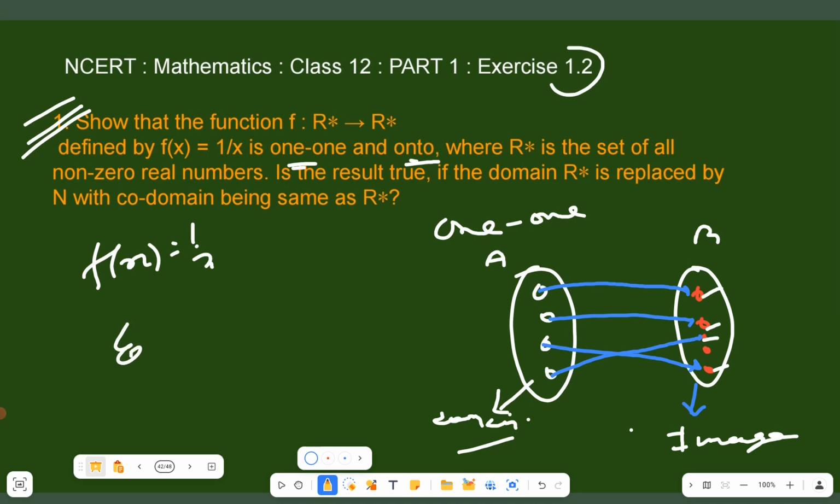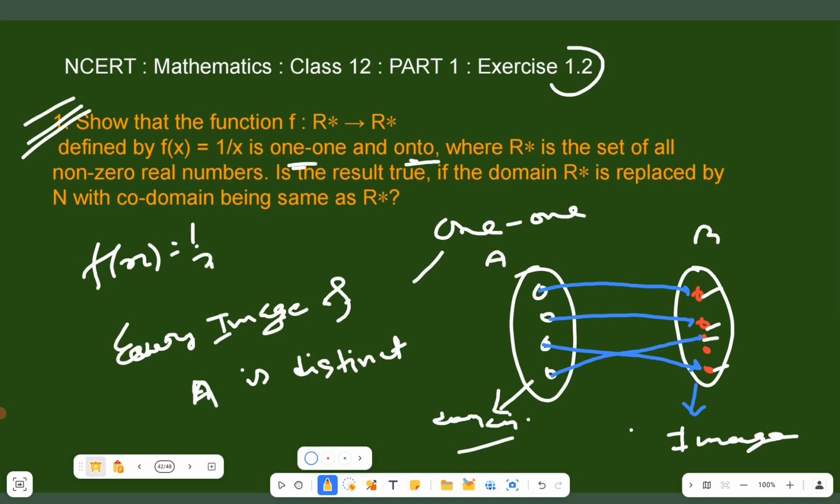Every image of a set is distinct. That is called one-one.